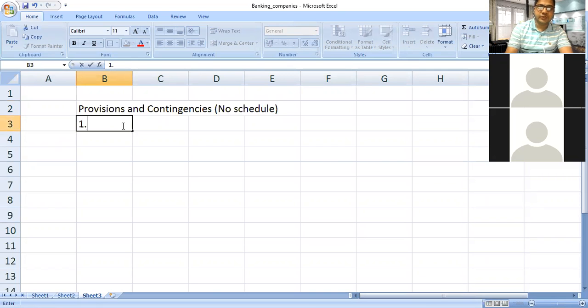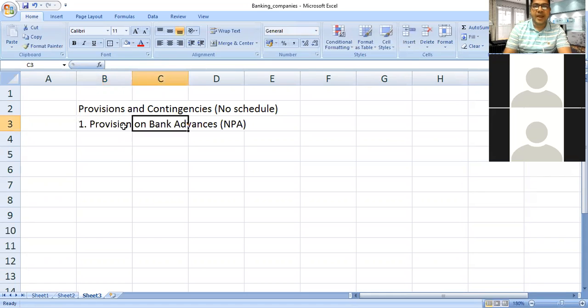Now under provisions and contingency, we will write provision for bank advances. Now, bank advances means what? It is just like an NPA. NPA means non-performing assets.